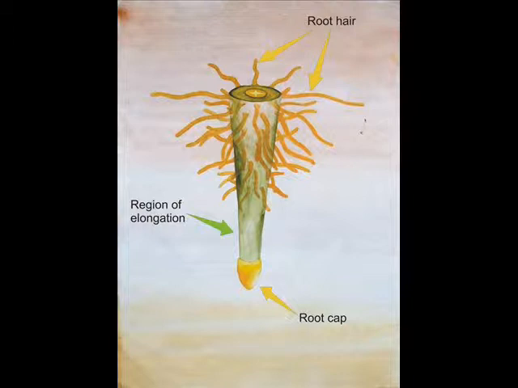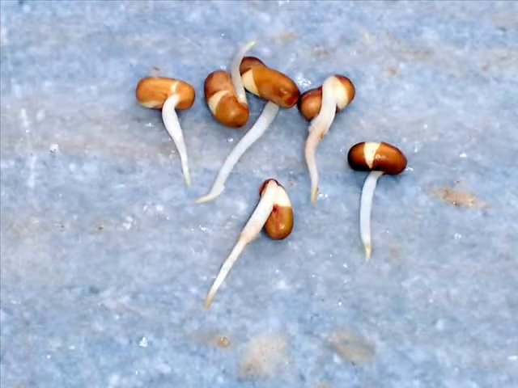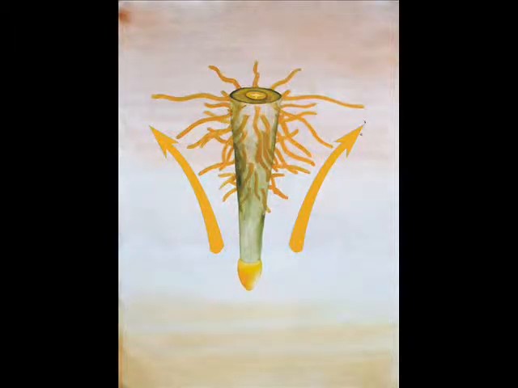They are located around the region of elongation. These minute elongated cells can be seen with the naked eye on a freshly sprouted grain. Root hairs grow in acropetal succession.